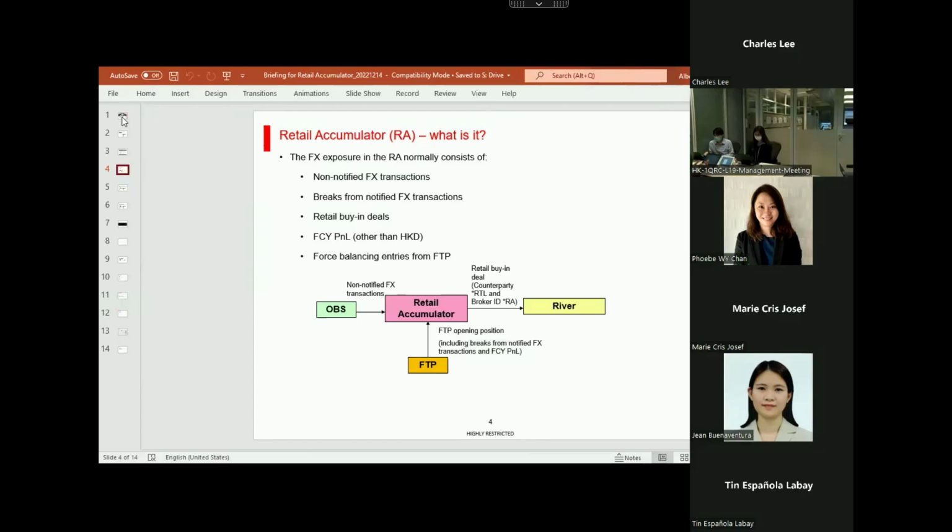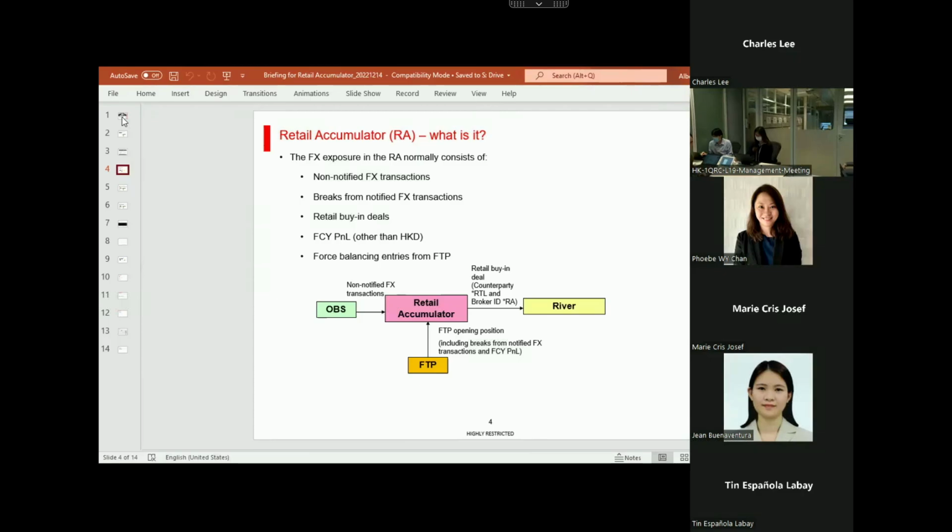So we have the notified and non-notified FX transactions. Non-notified FX transactions will have an impact to RA. Basically, these are all small notional retail transactions coming from the branch or other non-MSS clients. When a client transacts FX in this small notional, we don't hedge it immediately.